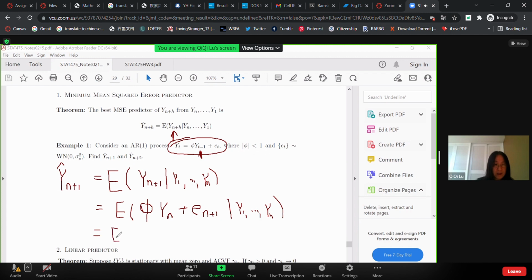And the conditional expectation: the first term is phi y_n given this, plus the second term, the expectation of epsilon_{n+1}.